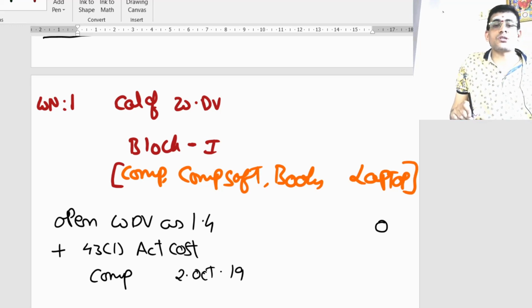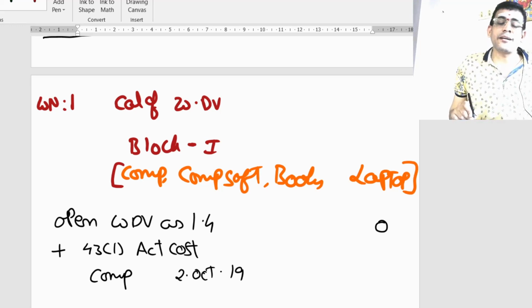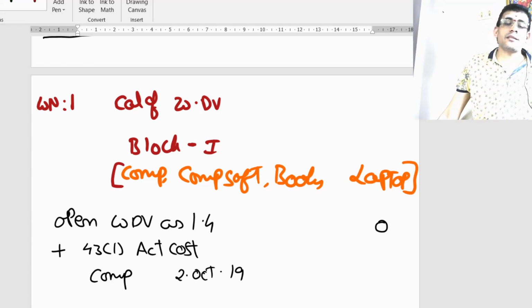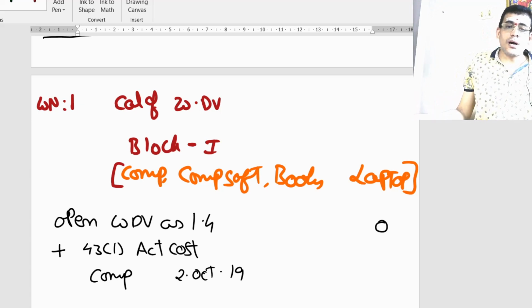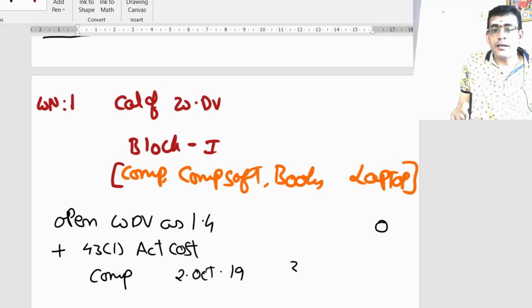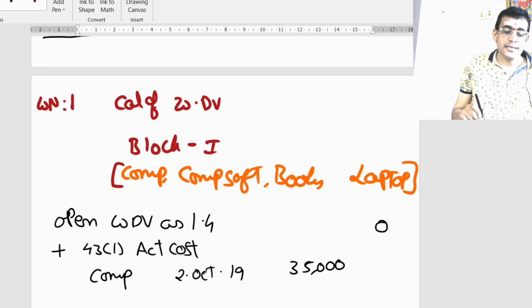Means the asset was used for a period of less than 180 days. If you count from 2nd October to 31st March, you get a period of less than 180 days. So what is the cost there? The cost of the computer is 35,000. Then you also purchased computer software.